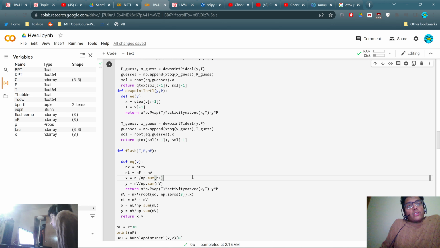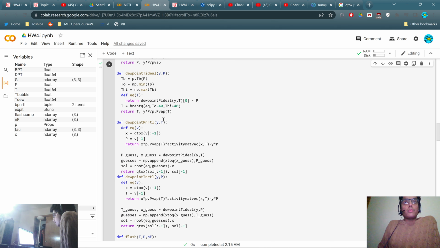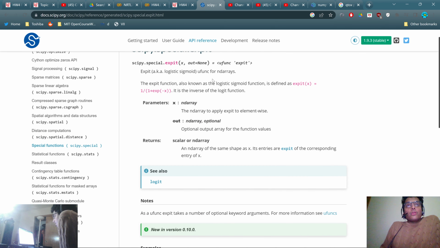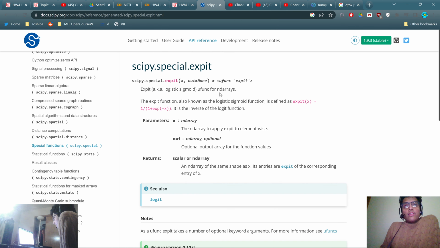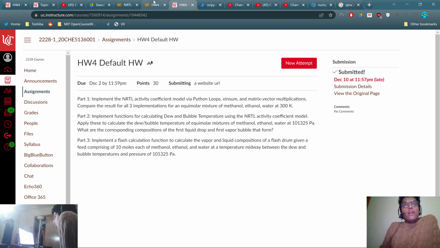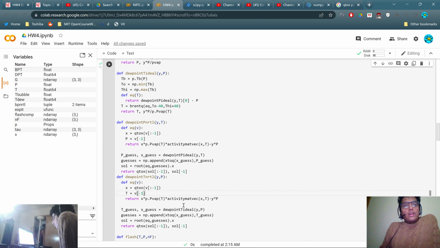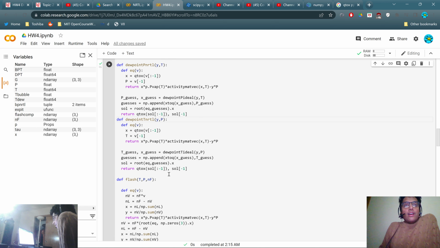So a big constraint for us is that the sum of the mole fractions must equal 1. Now we can add that constraint or we can get rid of it. So in homework 3, I talked about a way to get rid of a constraint for the mole fraction equals 1. And here we can use the expit function to basically apply the operation 1 over 1 plus e to the negative x to our mole fractions, right?